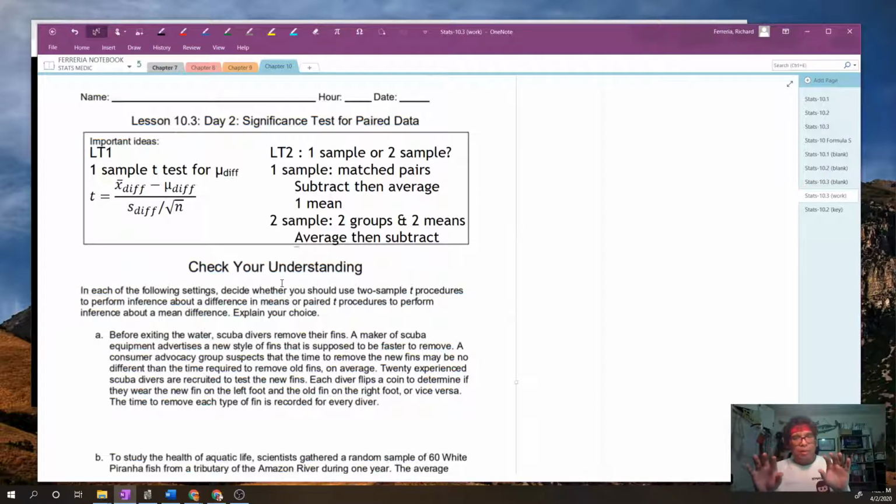But if they're not the same size, then you probably aren't going to think about subtracting measurements from one to the other. So in that case, you would take the average from sample 1, average of sample 2, and then subtract the averages. So it's a difference of averaging the subtractions or subtracting the averages. I know, just let that sink in for a second.